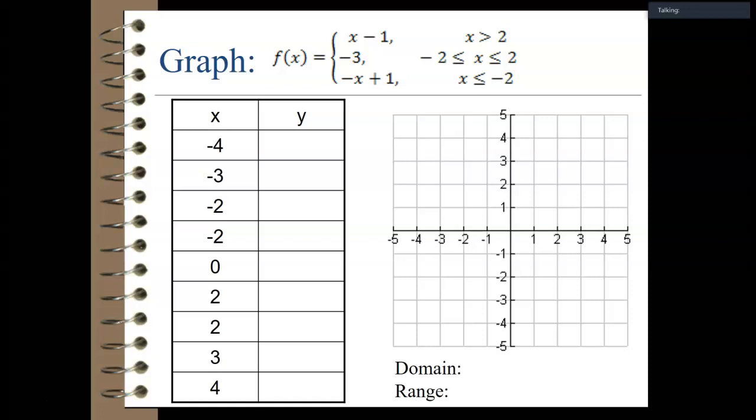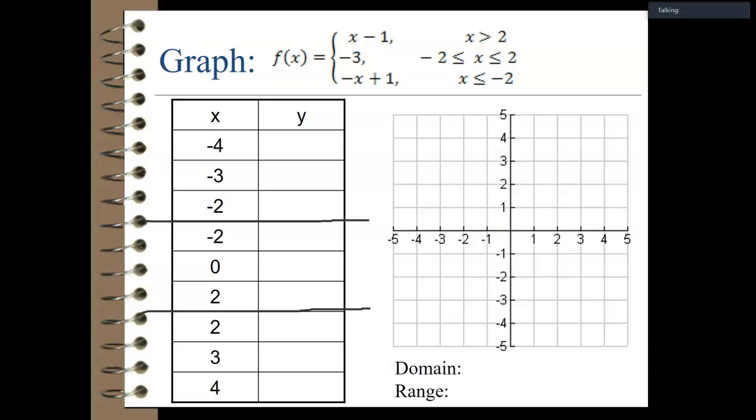So this graph breaks at all of the jumps over here. So we have breaking points at -2 and at +2. We want to look at our table and determine what x values are less than -2. Which equation goes with that example?